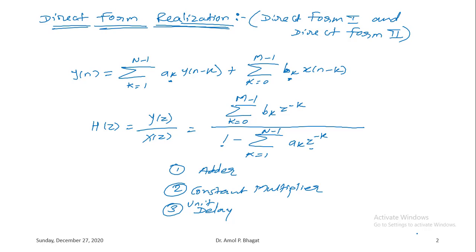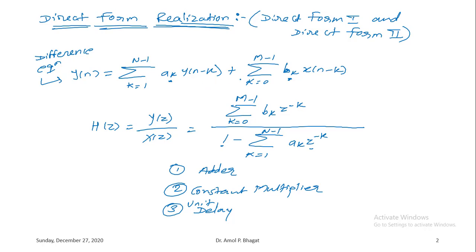For direct form realization, as we have already seen, we can realize any discrete time system by using its difference equation. This is the generalized form of the difference equation.